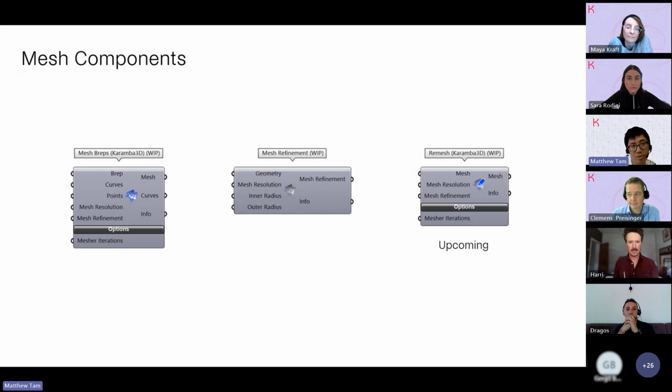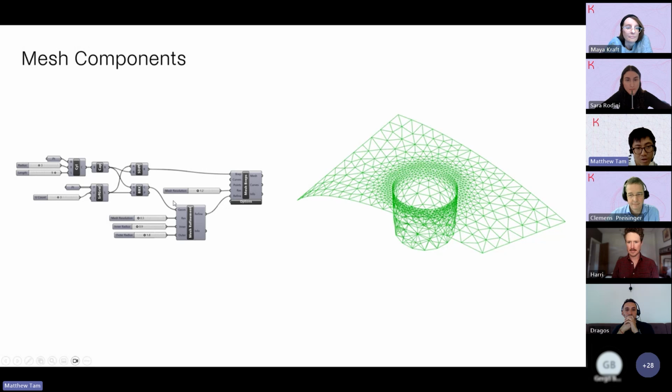Maia will be showing us the new meshing tools that she's been vigorously working on over the last few months. There'll be some live demos of how this component works. Once we release this, I think it'll be great for everyone to test it out, because we're really excited to share this with everyone. And the mesh refinement is a special development tool that is great for analysis of shells, especially in Karamba.